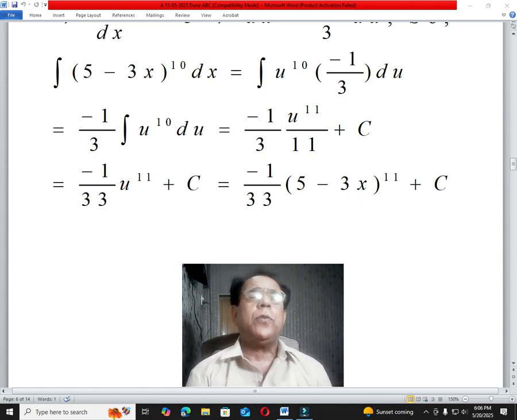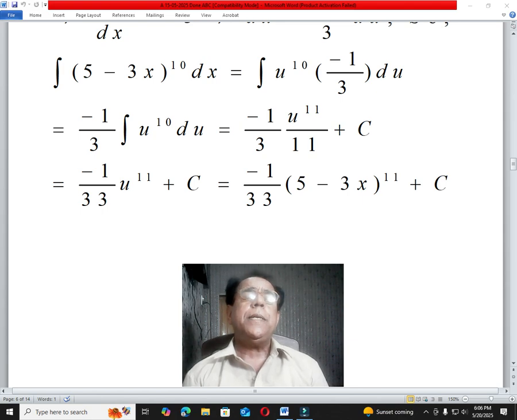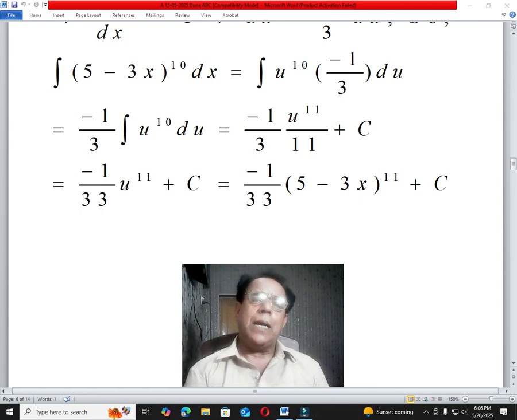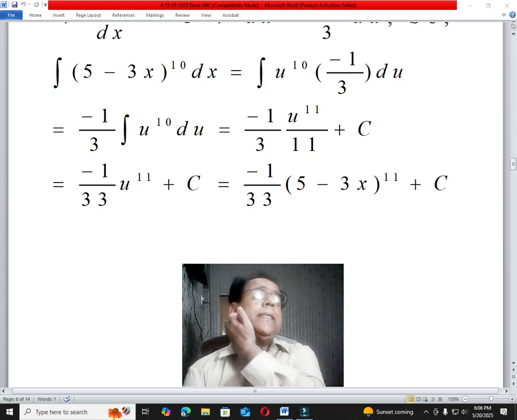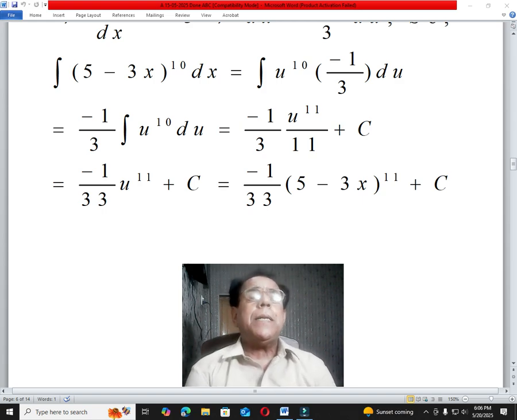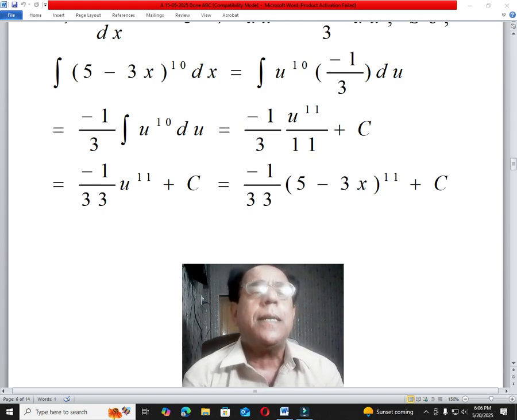That is to say, the power rule of integration: the exponent or power will be increased by one, and then that increased power or exponent will also appear in the denominator. So our next step will become minus 1 by 3 u raised to power 11 divided by 11 plus c. Dear students, in the denominator 11 will be multiplied with the 3 and we will get 33.